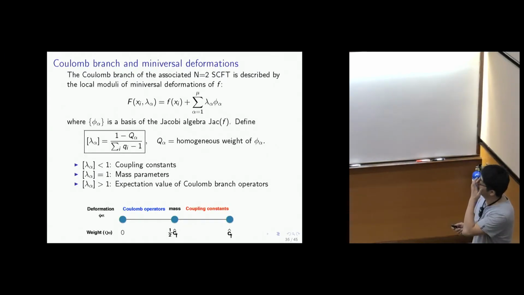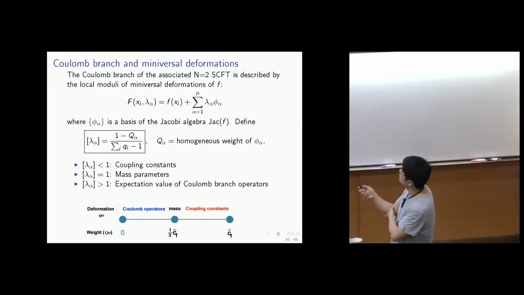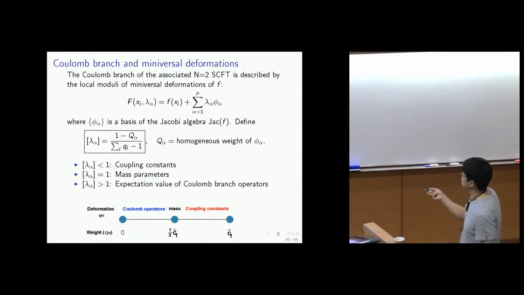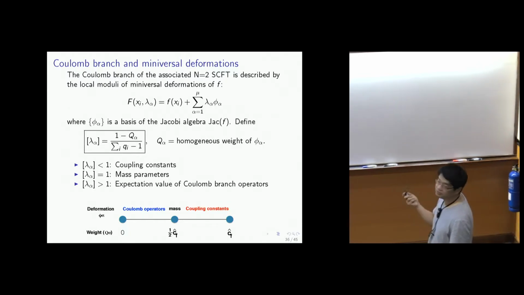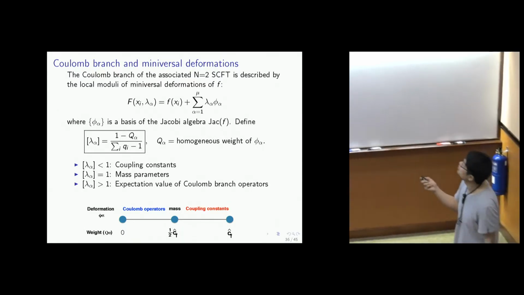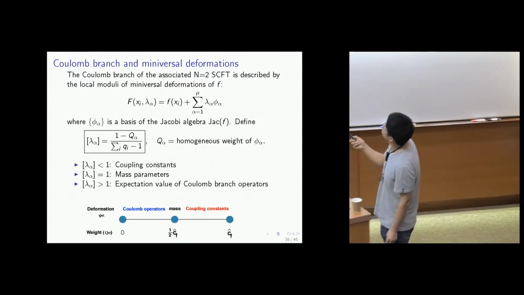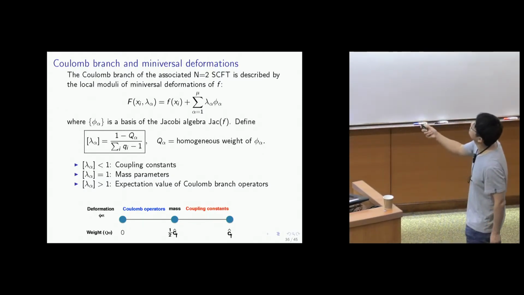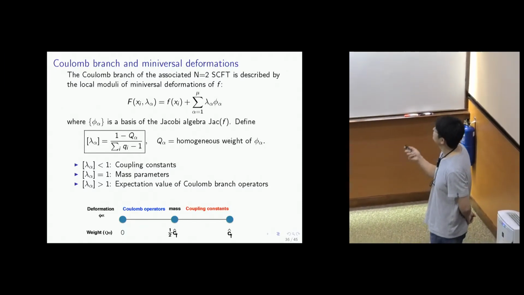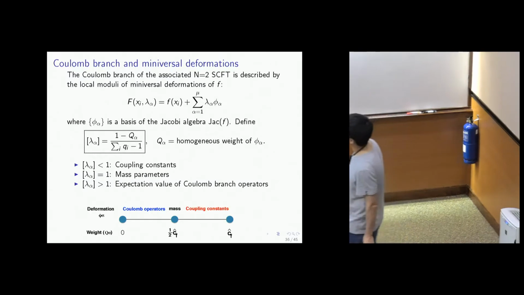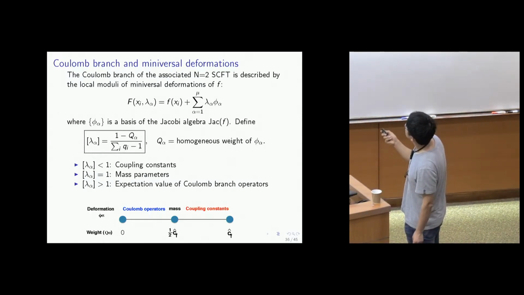Now, if you study the deformation theory for this polynomial, you find some interesting structure. For the Coulomb branch of this N=2 theory, the local moduli is parameterized by this universal deformation of the polynomial. Here phi alpha is the basis of the Jacobian algebra, so this basically represents the universal deformation. Now we want to define some weights, a weight from some kind of U(1) charge, where Q is the homogeneous weight for the polynomial.